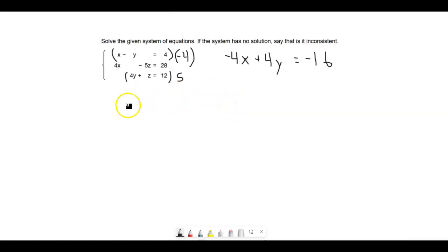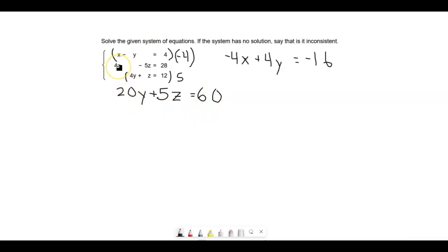I'm going to write it over here. So this is going to end up being 20y plus 5z is equal to 60.